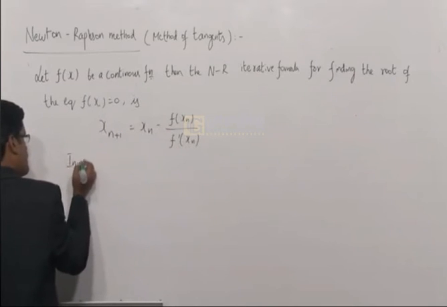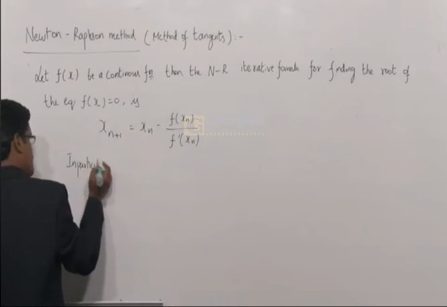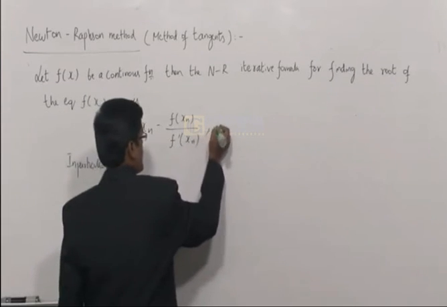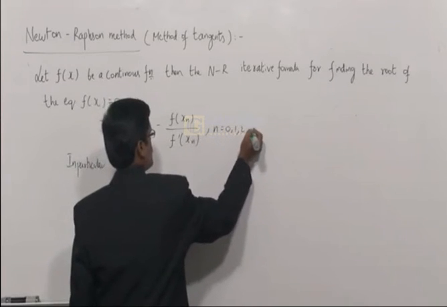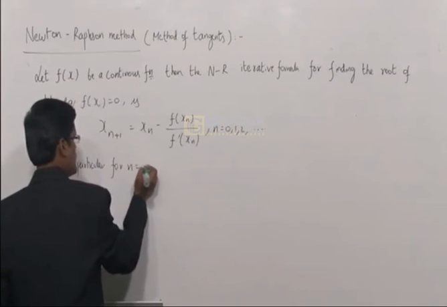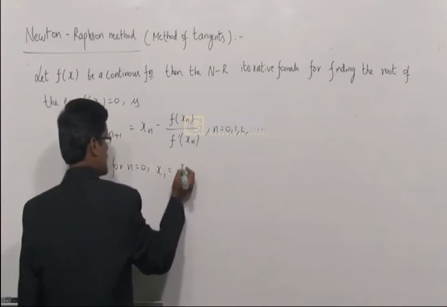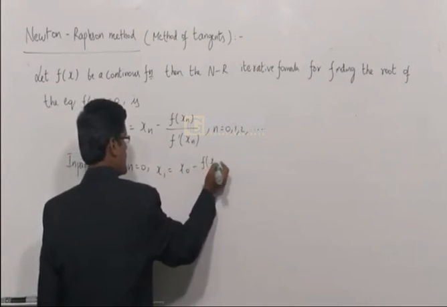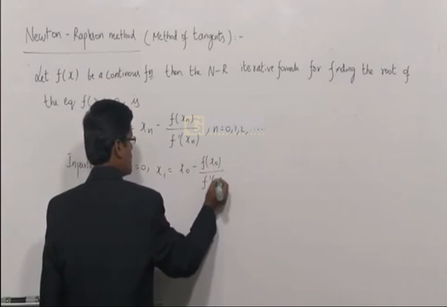In particular, here n is equal to 0, 1, 2, and so on. For n equal to 0, x1 is equal to x0 minus f(x0) divided by f dash (x0).